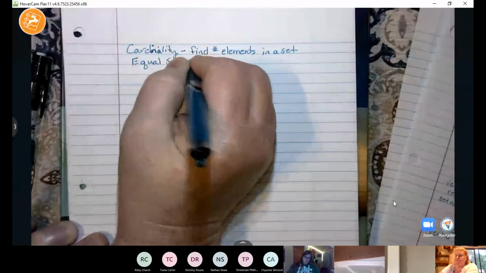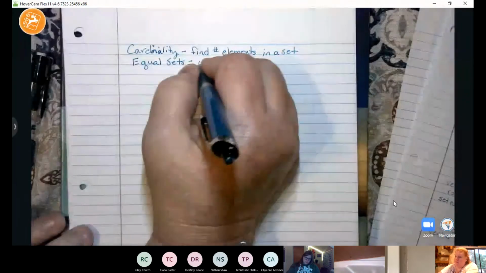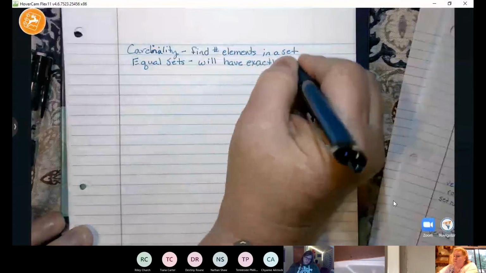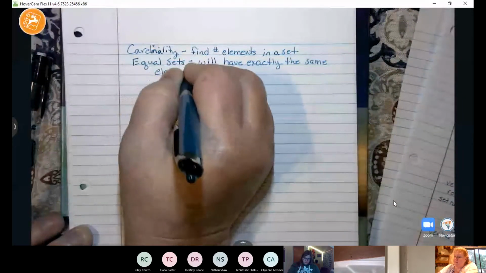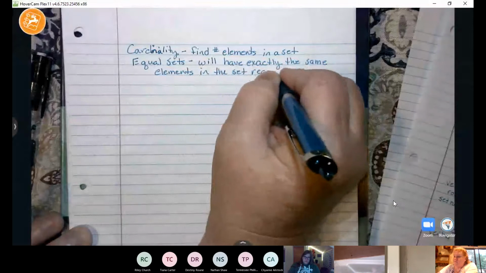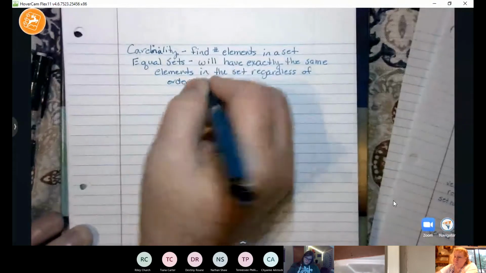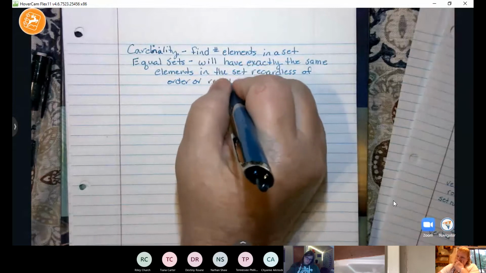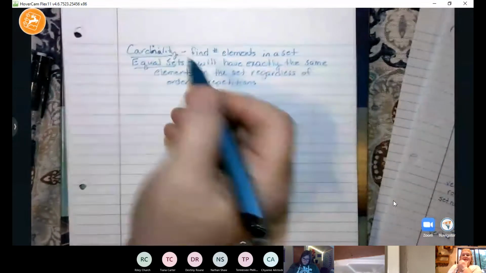Equal sets. How do we determine if we have equal sets?